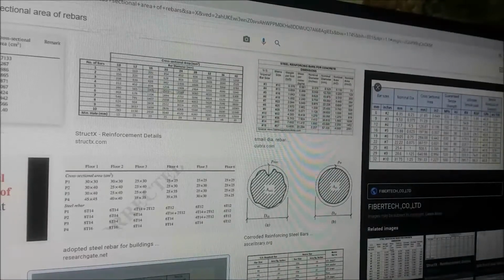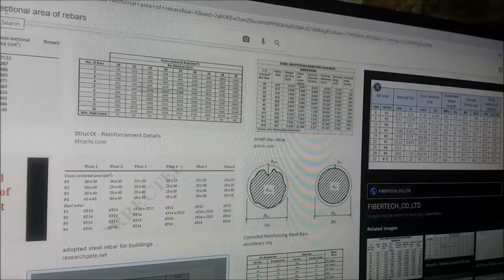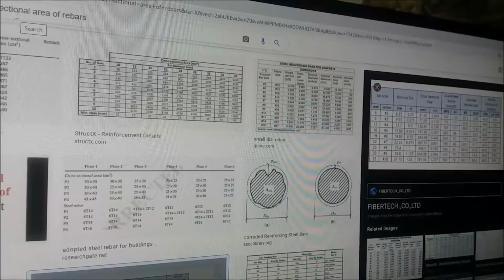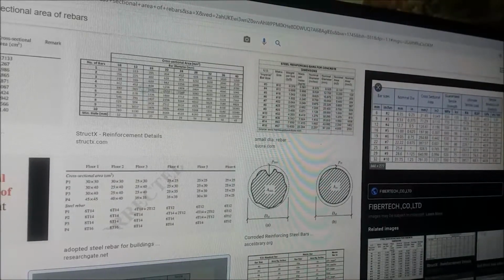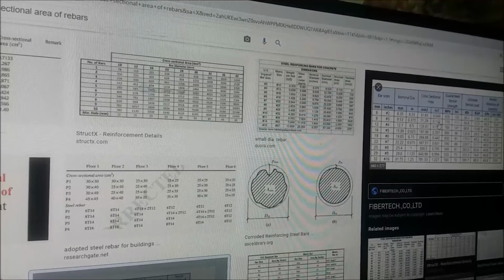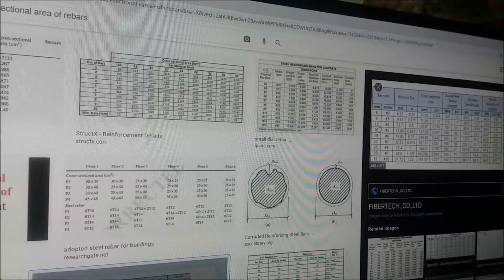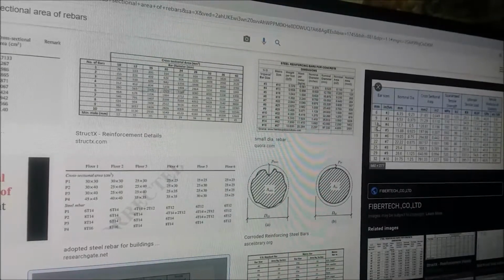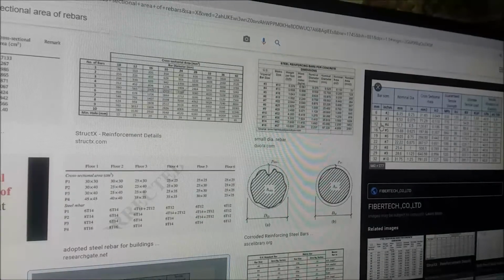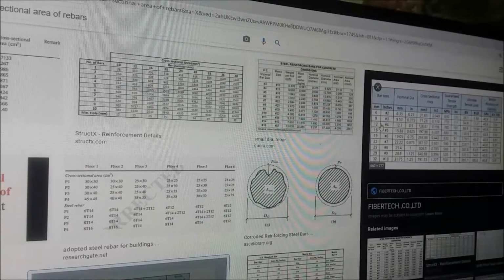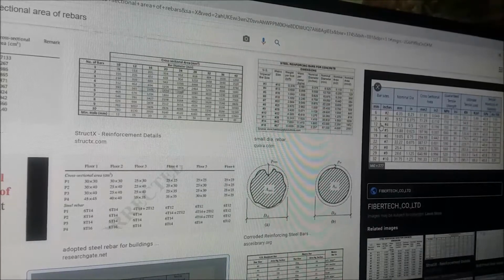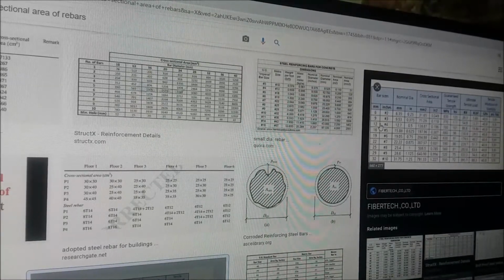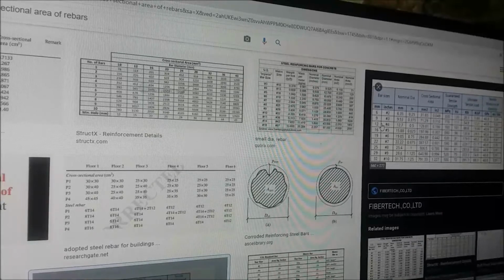I searched Google for cross-sectional area of rebars. And I use this chart right here, though I've got another one I use as well, because you notice that this one does not have a number 10 or 10 millimeter rebar listed. Although where I buy my rebars in the Philippines, we can get either 9 or 10. I don't know if they have 6, but I know they have 9, 10, 12, 16. They have 18, not 19.